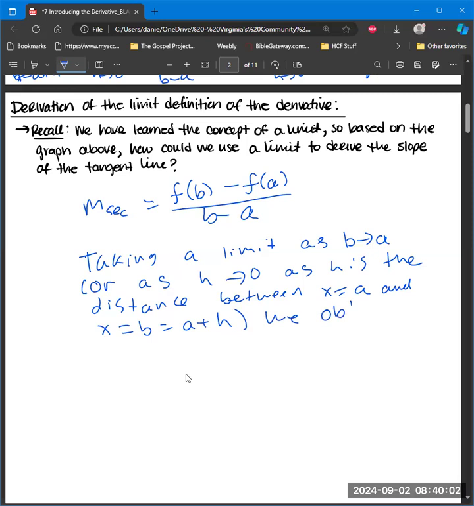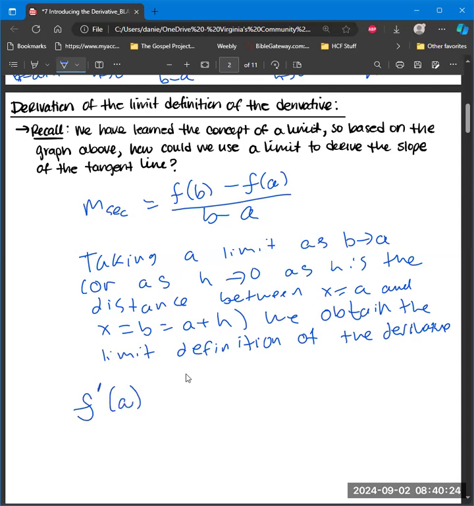We obtain the limit definition of the derivative to be, this is our new notation for a derivative, f prime of a is equal to the limit as h goes to 0 of f of a plus h minus f of a divided by h.